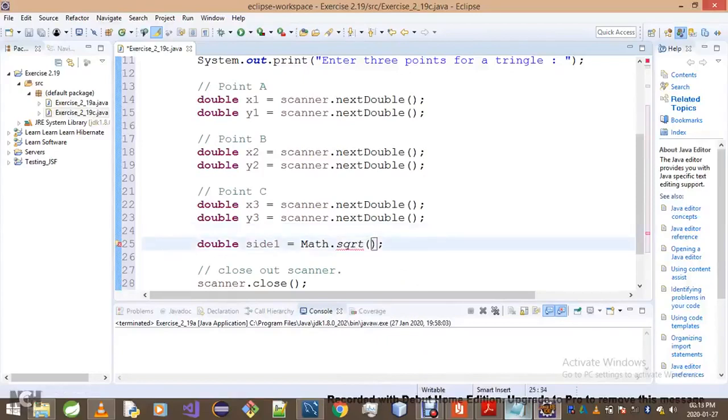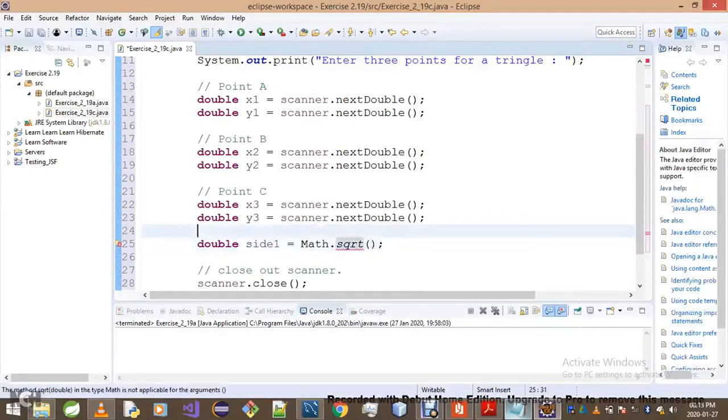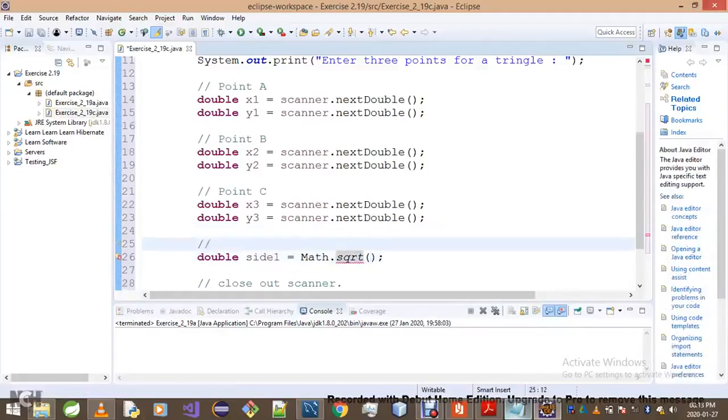Square root of, because side 1 is actually, let me comment this, a distance between A and B. So it's gonna be the square root of x2 minus x1 squared plus y2 minus y1 squared.